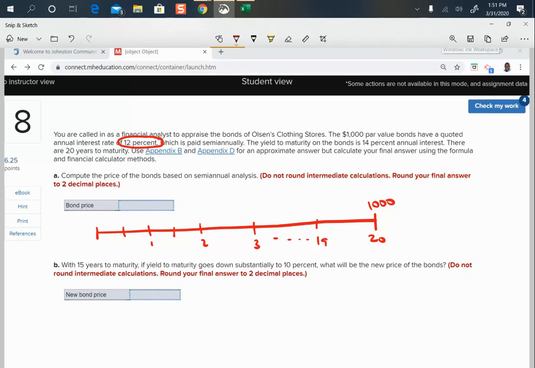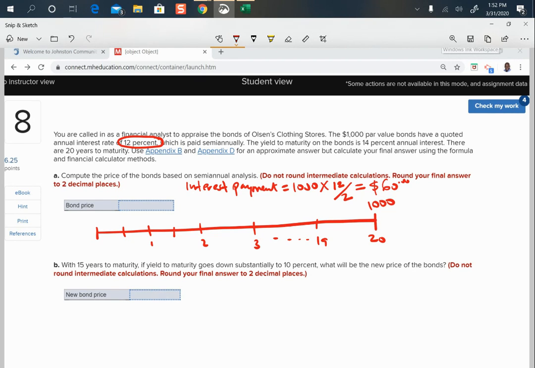We have two payments per year, and therefore our interest payment is basically going to be the $1,000 face value times our rate per period. And our rate per period is the 12%, but we have two periods per year. So it's going to be 12 divided by 2, which is 6%, and 6% of 1,000 will give us an interest of $60.